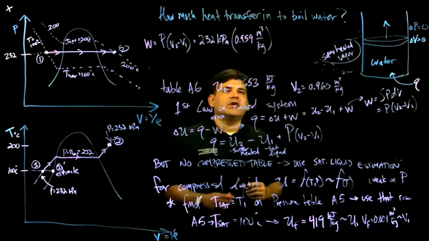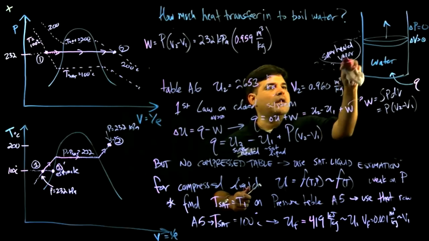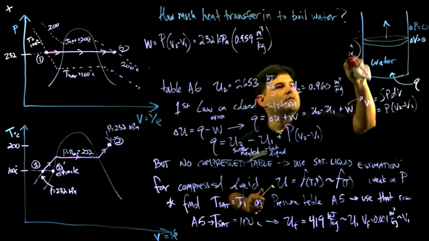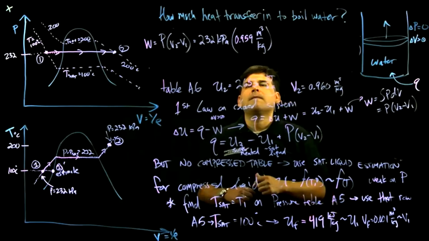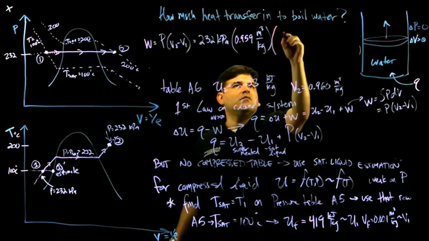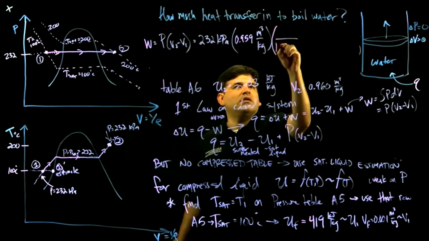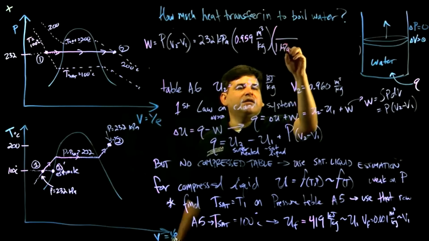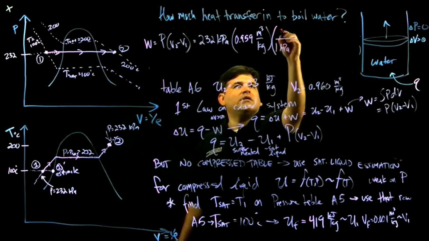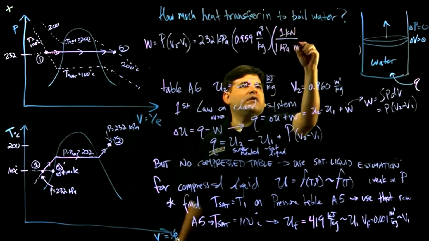What does that have to do with energy? I'll show you right now. I'll do this unit conversion like this. What does 1 kilopascal equal? 1 kPa is 1 kilonewton per meter squared.